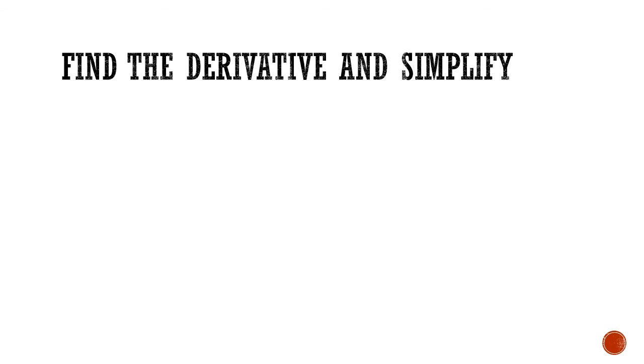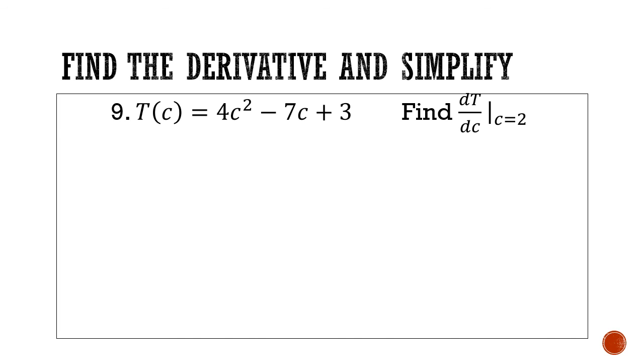And this is our last example. Number 9, T of c, so c is our variable here, equals 4c squared minus 7c plus 3. Find dT/dc when c equals 2.